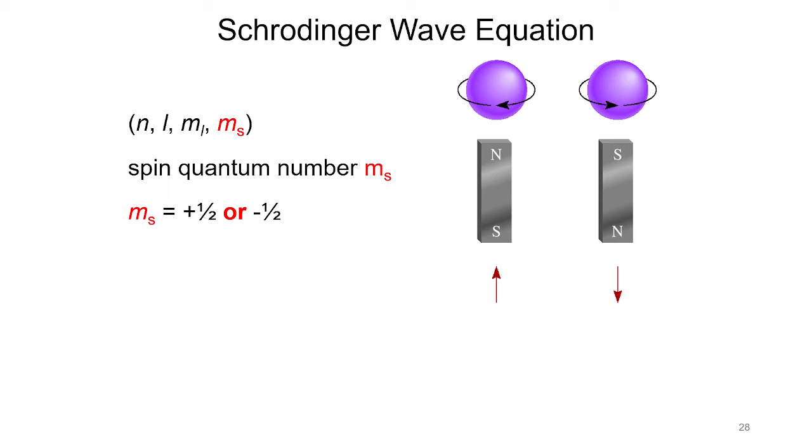If the spin is positive, it is clockwise, and if it's negative, it is counterclockwise. This is just the way that they detected the positive and the negative spin of electrons.